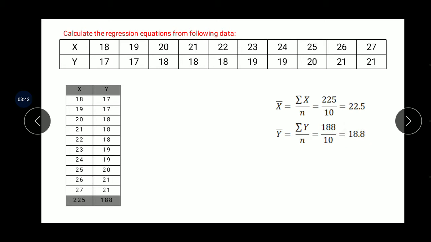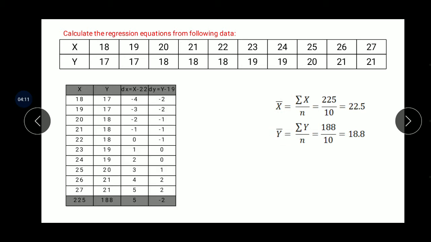We'll take the assumed mean of the x series as 22, though we can take 23 also. For the y series we can take 18 or 19, but 19 is nearer to this value, so we'll take 19. So we'll calculate x minus 22 and y minus 19.